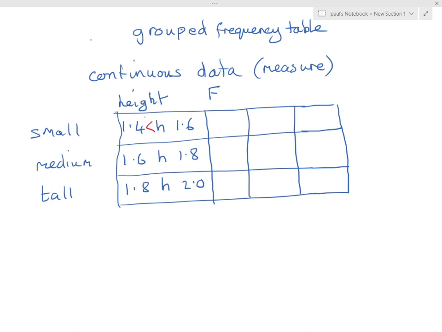So we use these. We use the height is greater than 1.4 but less than or equal to 1.6, and the height is greater than 1.6. So if you are exactly 1.6, we know it goes in the small one. If you are bigger than 1.6, it's going to go in the middle one, as long as you're less than or equal to 1.8.